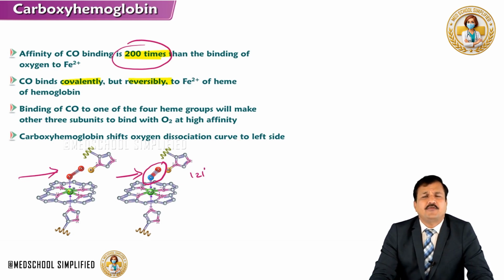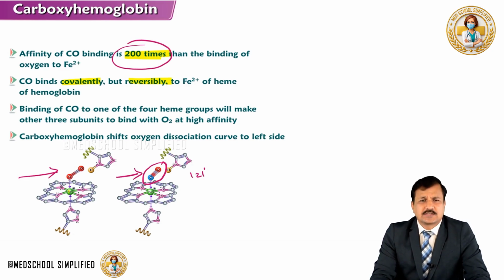That means, if the partial pressure of oxygen is sufficiently increased, we can reverse the binding of carbon monoxide from the ferrous iron site and it can be replaced by oxygen. So, that's one of the aspects where we can use hyperbaric oxygen in treatment of carbon monoxide poisoning.